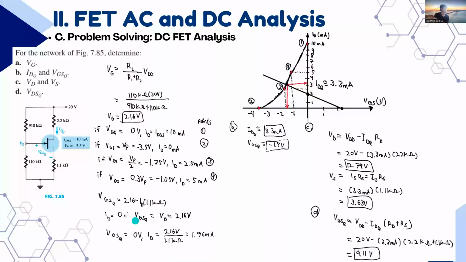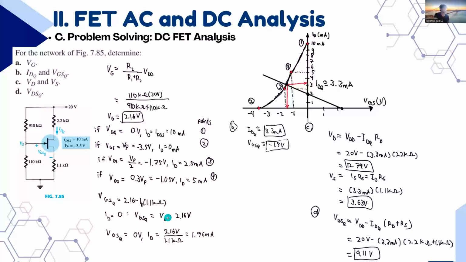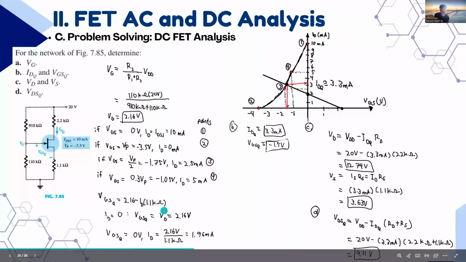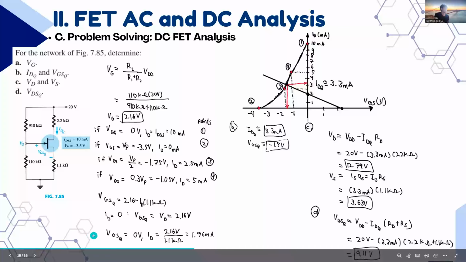For ID equal to 0, VGSQ is equal to VG, 2.16 volts. And then for VGSQ equal to 0 volts, ID is found by dividing 2.16 over 1.1 kilo ohms, and we get 1.96 milliamps.